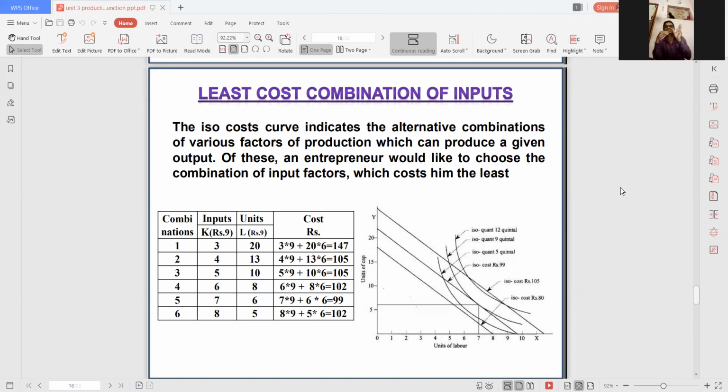Whereas in least cost combination of inputs, least cost means we are using the input factors in such a way that it should result in the minimum cost out of all the combinations of input factors. How can we reduce the cost to the minimum level by means of different combinations of inputs?